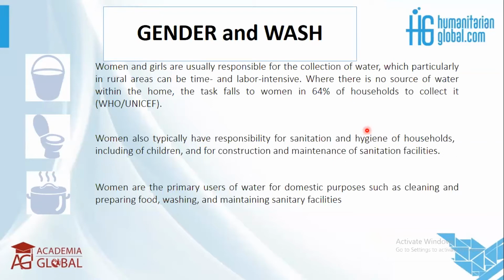If we look at gender and WASH, we can see that women and girls are usually responsible for the collection of water. In terms of water supply, or access to water, you would find that women and girls are usually responsible for collecting water, particularly in rural areas, and it's usually a labor-intensive activity. Where there is no source of water nearby, the task falls to women and girls in about 64% of households in rural areas.